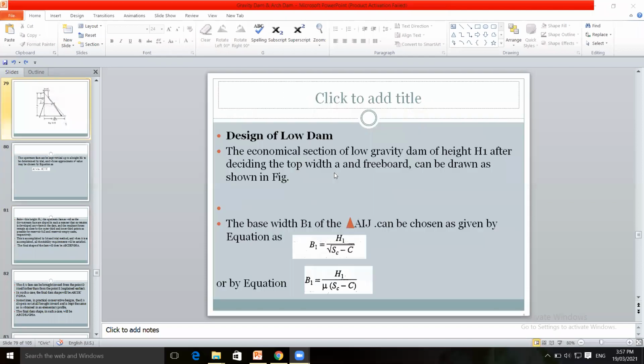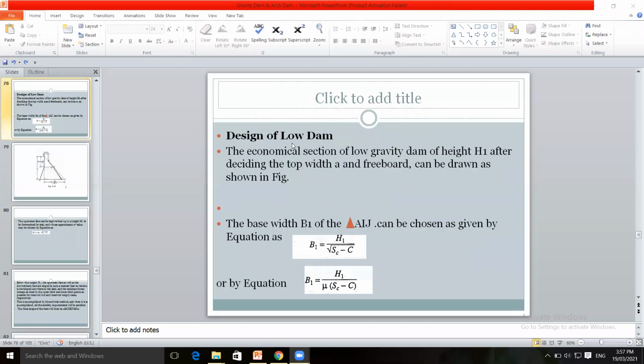So first we have seen the design steps for design of the low gravity dam. समजलं इथपर्यंत? Any difficulty? Please ask.